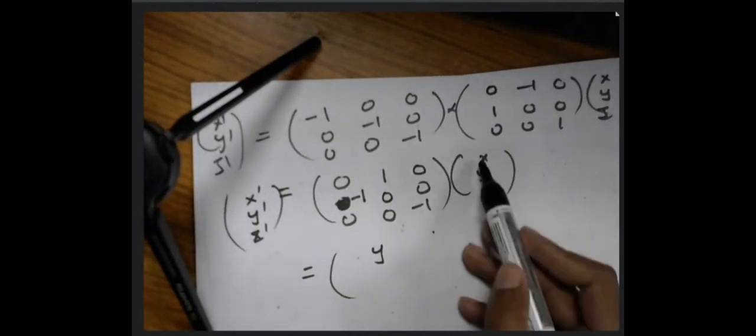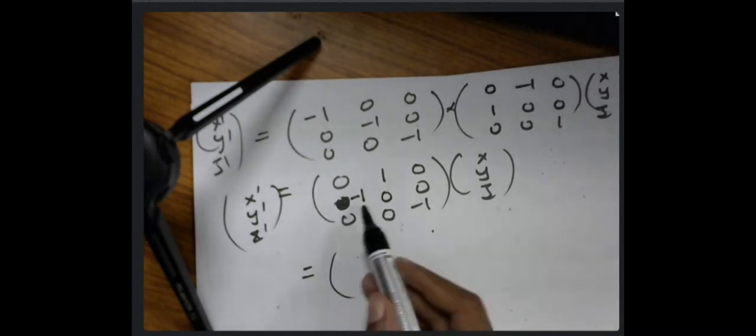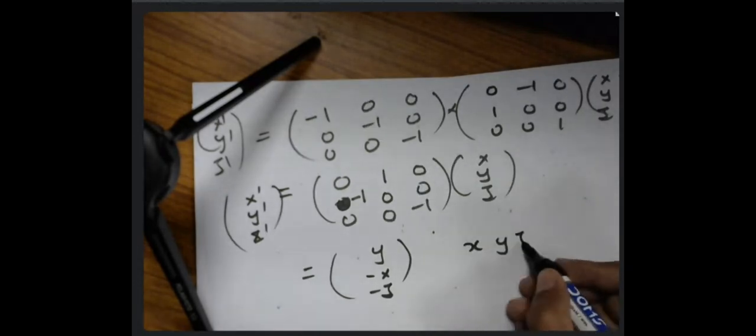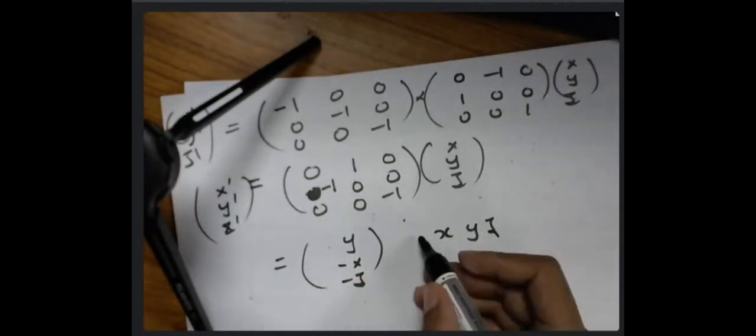So we multiply this with this. We got y, then minus of x, and this will be minus of z. And that's how it is transforming, from x, y, z to y, x bar, z bar. And this happened by the 4 bar.